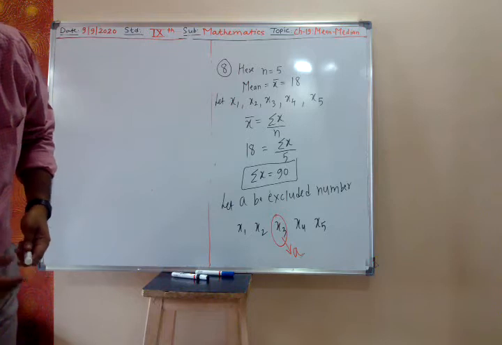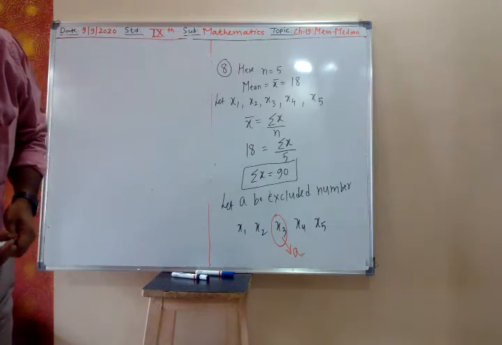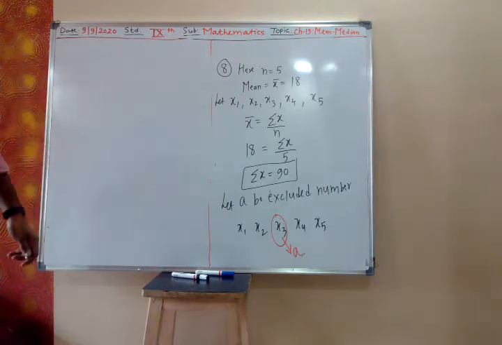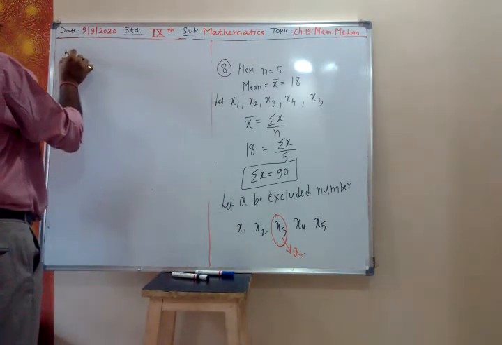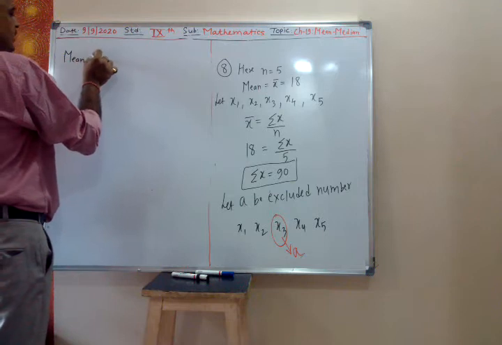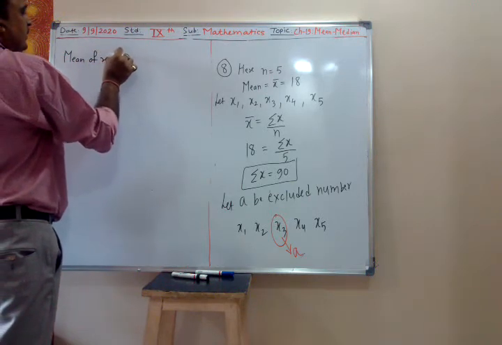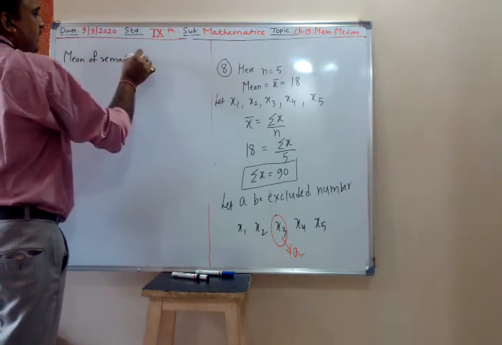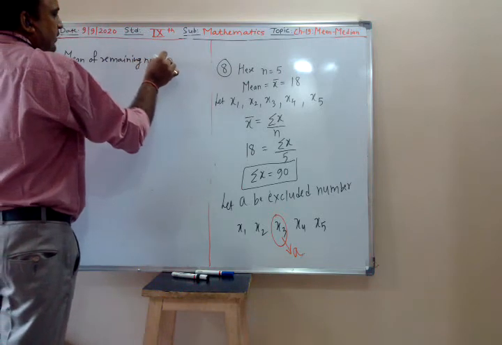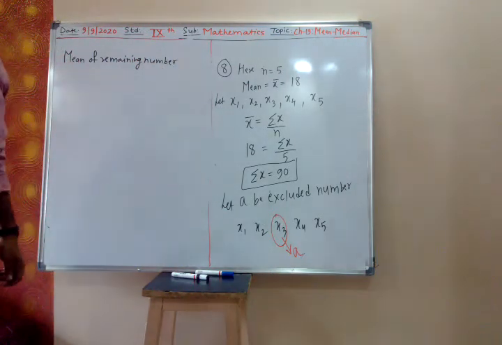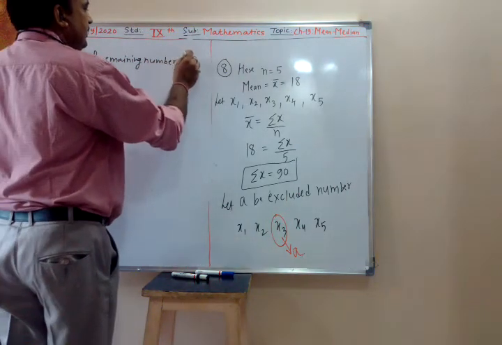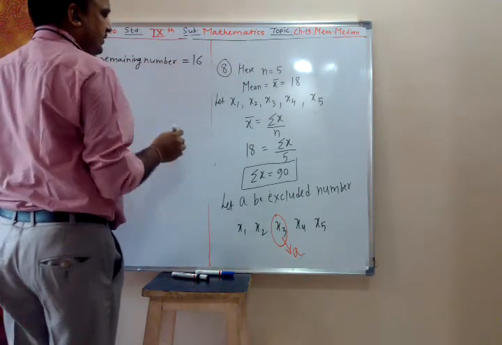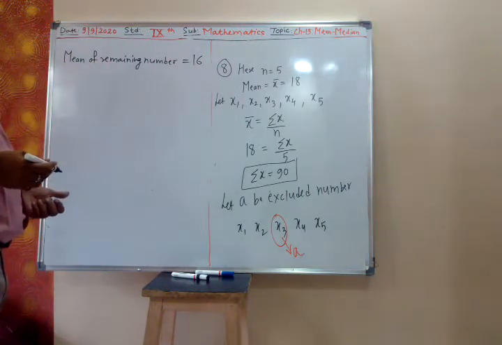The mean of the remaining number becomes 16. Mean of remaining number is given as 16. So what I will do?